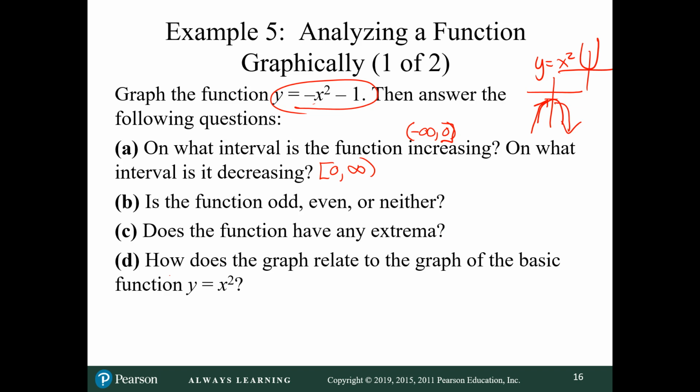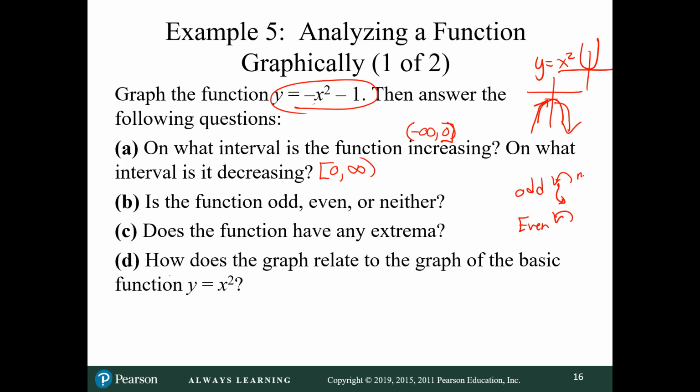Well, an odd function reflects across the y-axis and then reflects across the x-axis. An even function just reflects across the y-axis, and that's all.